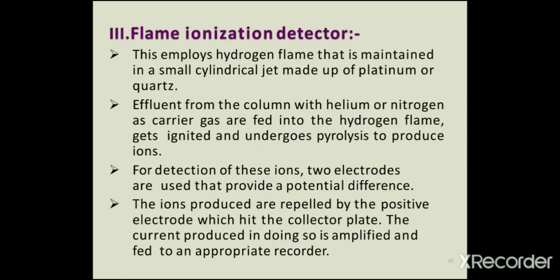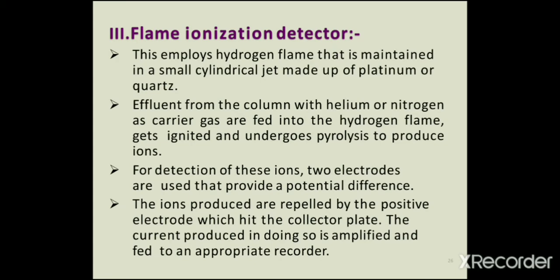Then for the detection of these ions, two electrodes are used, which will provide a potential difference. The ions that are produced are repelled by the positive electrode and hit the collector plate, and the current produced in doing so is then amplified and fed to an appropriate recorder.